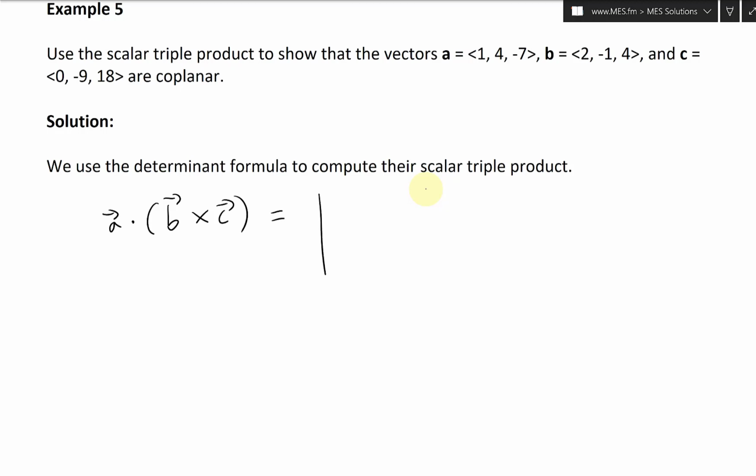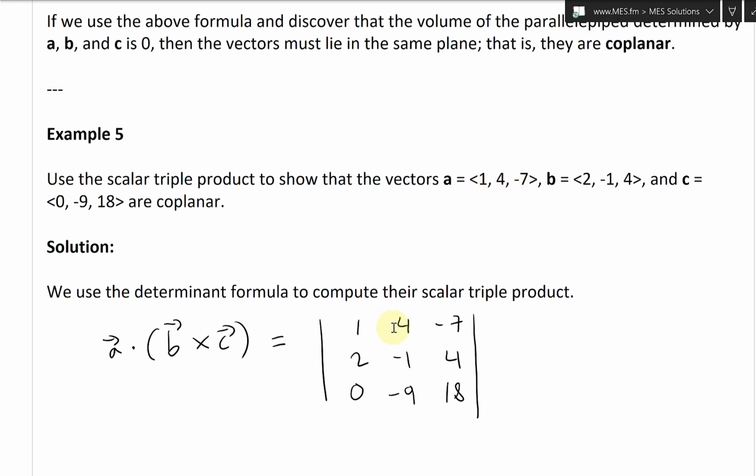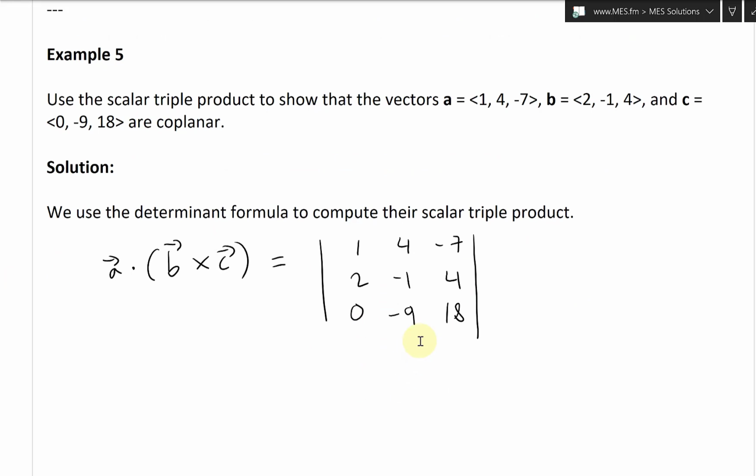Our A is 1, 4, negative 7. Then our B is 2, negative 1, 4. And then C is 0, negative 9, 18. Let's double check. So we have 1, 4, negative 7, and then 2, negative 1, 4, and then 0, negative 9, 18.